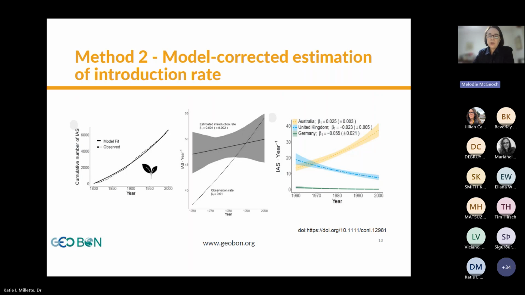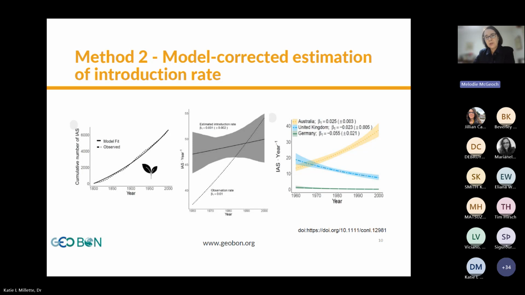On the right here, we've got the same model now used for invasive alien plant species in 3 example countries, Australia, the United Kingdom, and Germany, with 95% confidence intervals. And again, the B values tell you about the rate of introduction.